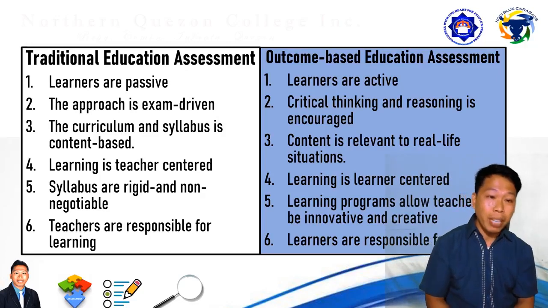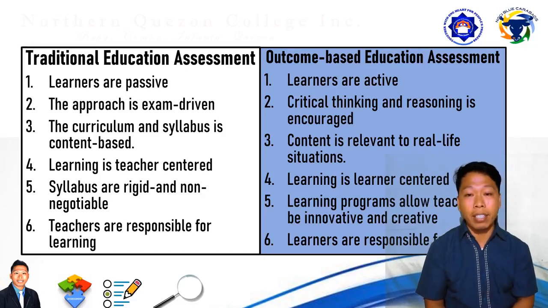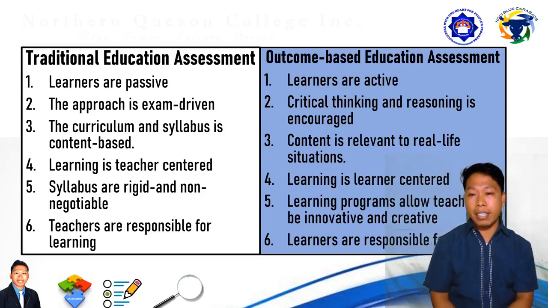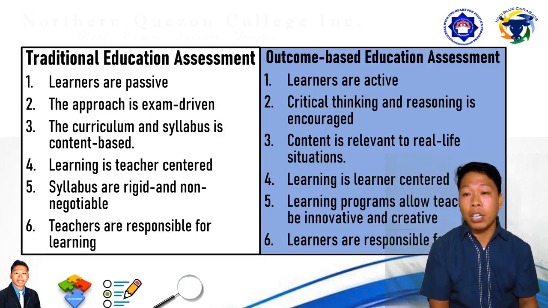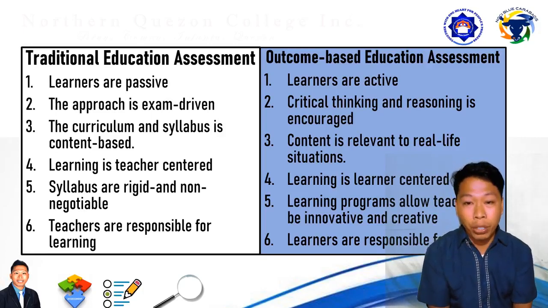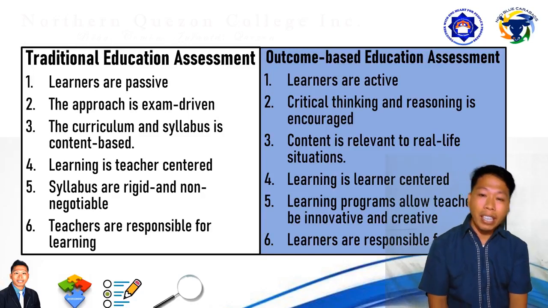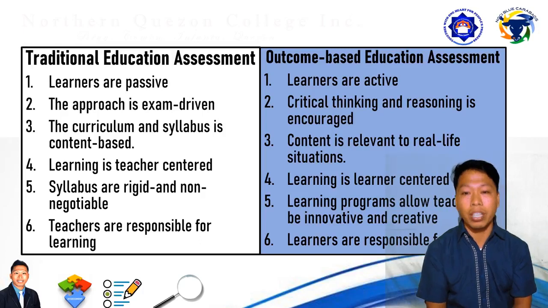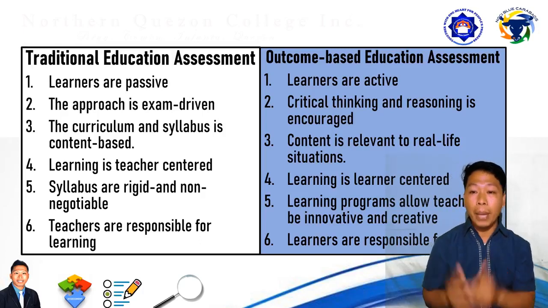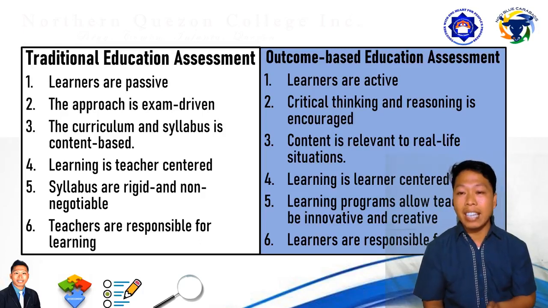The curriculum and syllabus is content-based in traditional education assessment, while in outcome-based assessment, content is relevant to real-life situations. And learning is teacher-centered in traditional education assessment, while in outcome-based, learning is learner-centered.